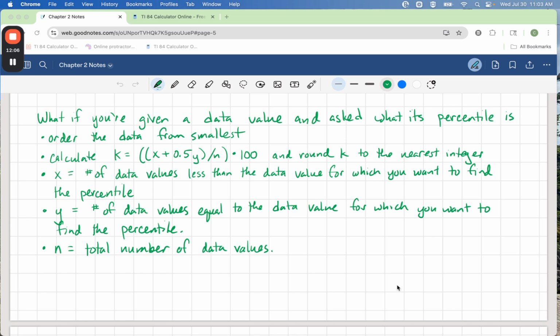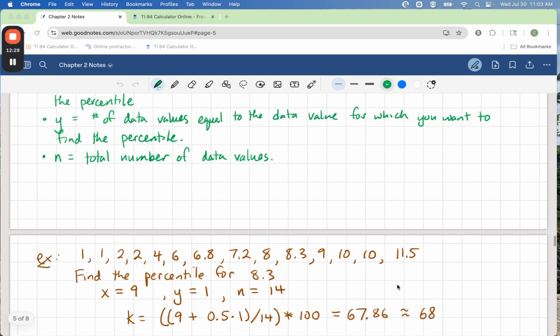And we're going to round K to the nearest integer. So X is the number of data values less than the data value for which you're trying to find the percentile. Y is the number of data values equal to the data value for which you want to find the percentile. N is the total number of data values. Okay, and we're going to use that formula.